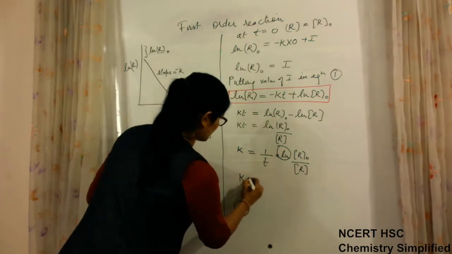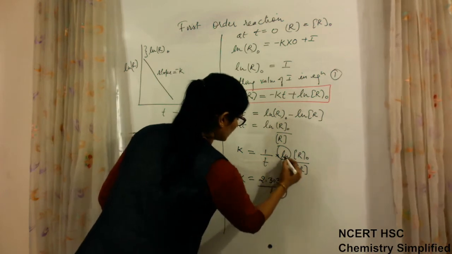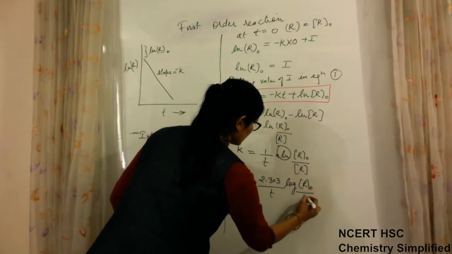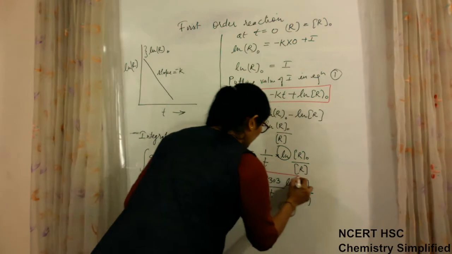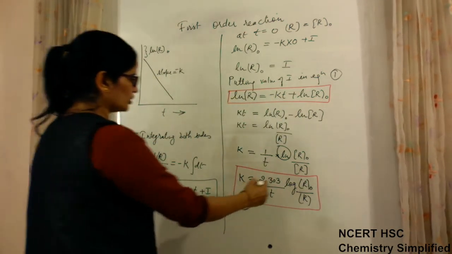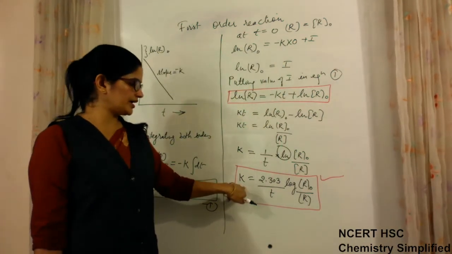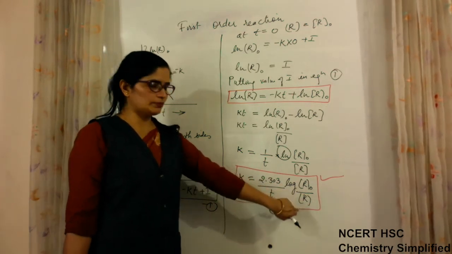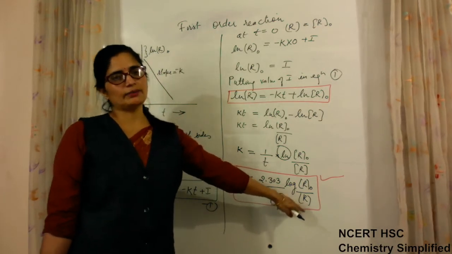So k is equal to 2.303 upon t log R naught upon R. This is the actual formula which is required for calculations for finding out the rate constant for first order reactions. K is equal to 2.303 upon t log R naught upon R, where R is the concentration left after time t.